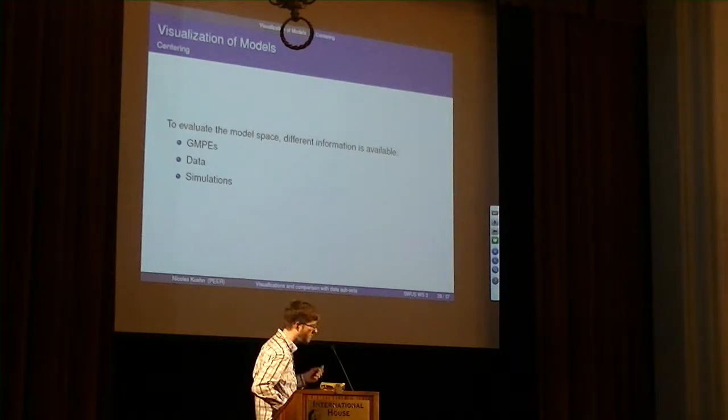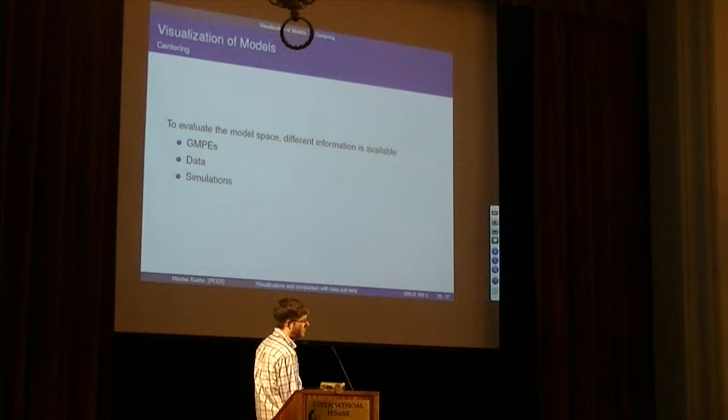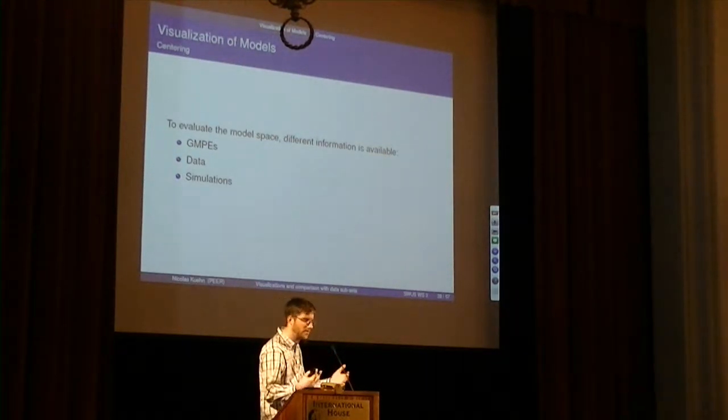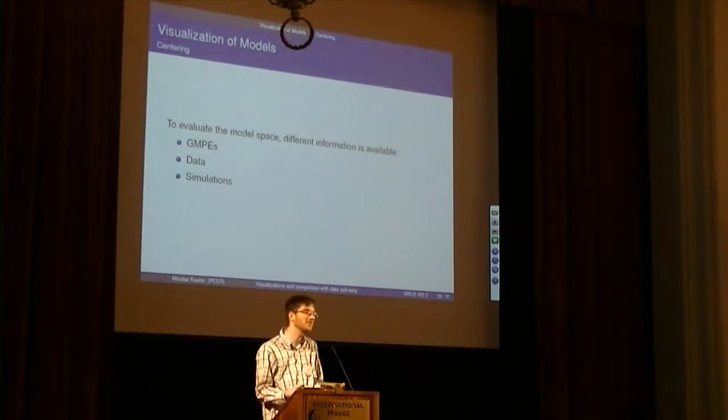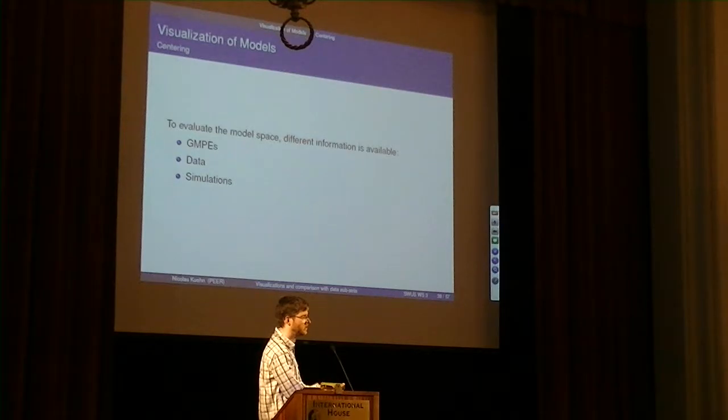All right. So basically, to evaluate the model space, you have different information. One thing is, where do the GMPEs plot? A lot of effort went into creating the GMPEs, so you don't want to center somewhere that's really far from the GMPEs. Probably not, because that's still the best information available in terms of what you have. There's also data. I'll show that next.